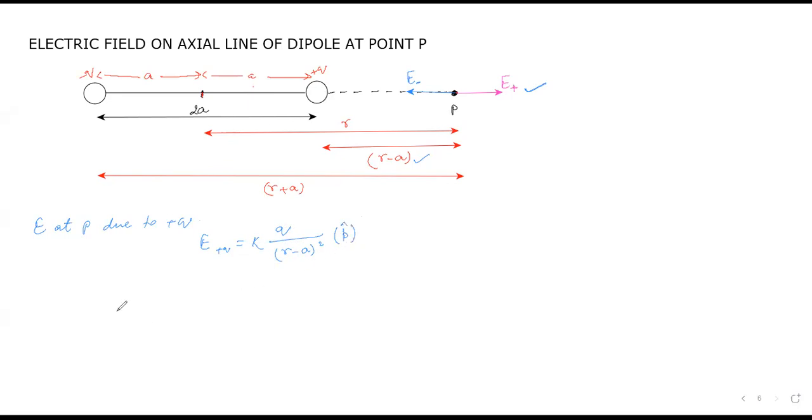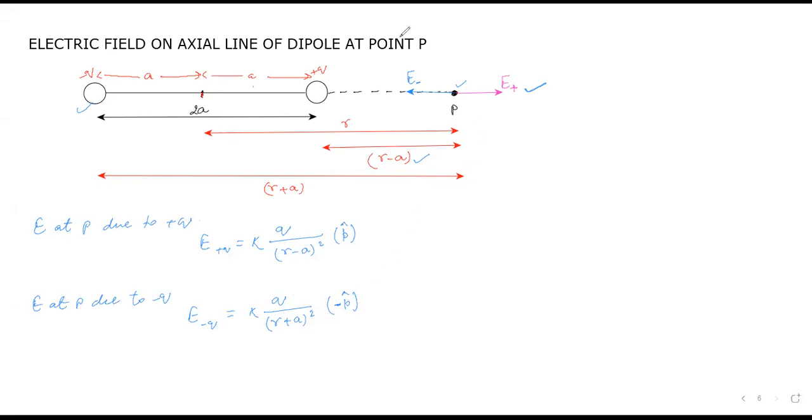The next one, the electric field at P due to the minus Q charge will be E of minus Q is equal to KQ over the separation from the minus Q charge to point P, which is R plus A whole square, and the direction is in the minus X direction, so it will be minus of unit vector P. Are you clear till here?